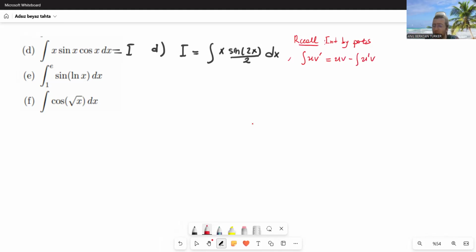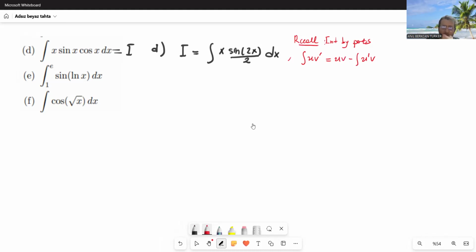This is like a memorizing tool or memorizing form of integration by parts. It's basically the product rule. I mean, with the product rule, all the derivatives, you take the integral of each side, etc.